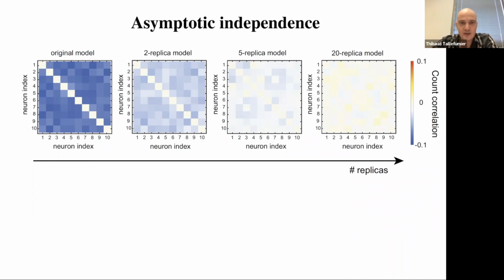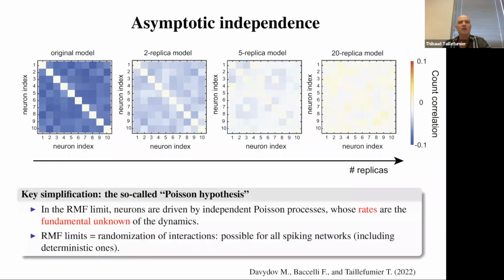So it seems that indeed those limits will destroy the correlation structure. But actually, if you think about those kinds of dynamics, it's even simpler than just destroying the correlation structure, because those models are an instantiation of what is called the Poisson hypothesis in the field of queuing theory.